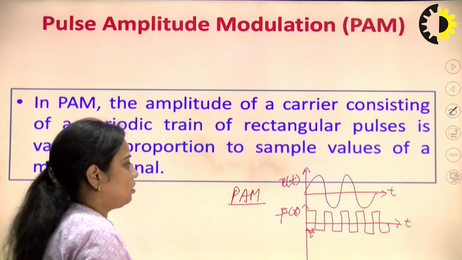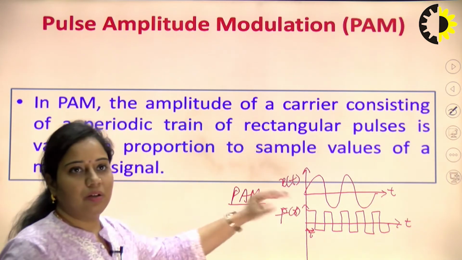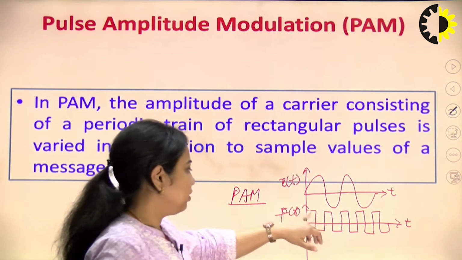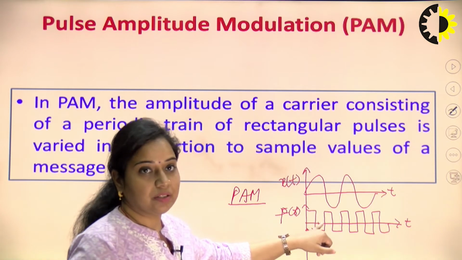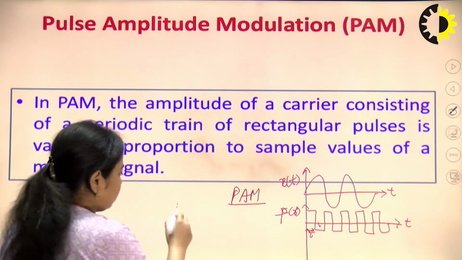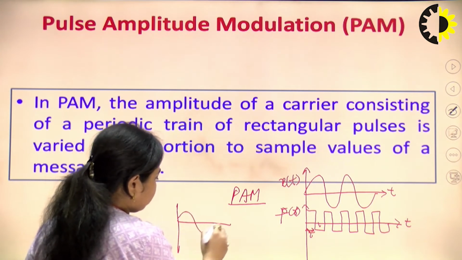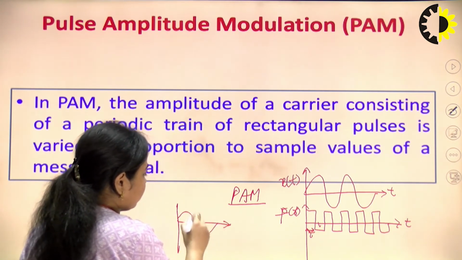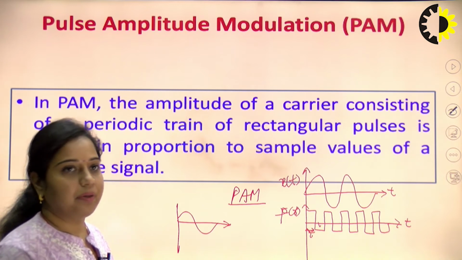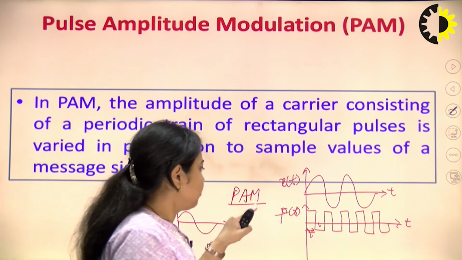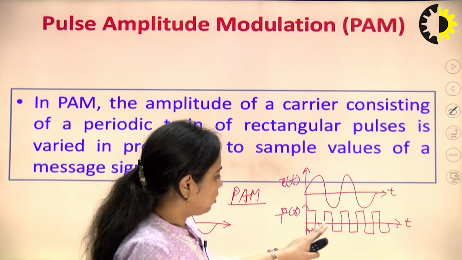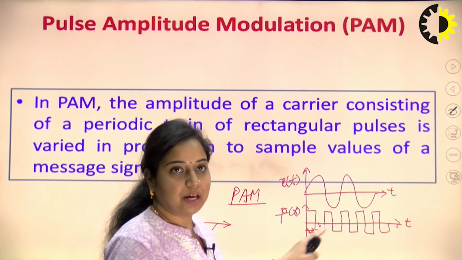What is the difference between amplitude modulation and this type of pulse amplitude modulation? It lies in this carrier signal. For amplitude modulation, we have taken a continuous time signal, a kind of high frequency signal. It can be a cosine waveform or a sine waveform, but in pulse amplitude modulation, we have considered a train of pulses having width tau.